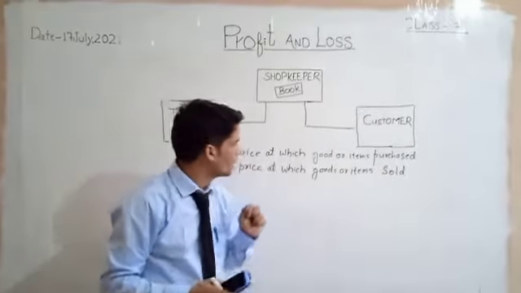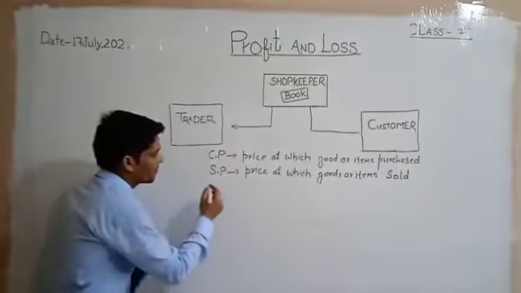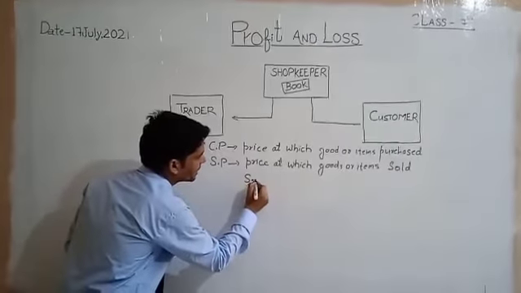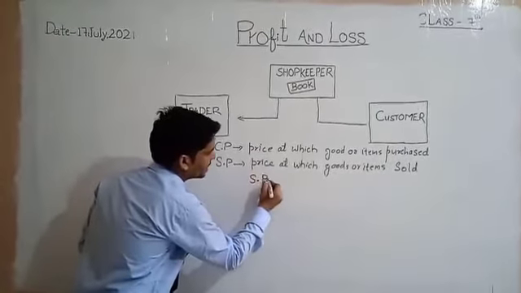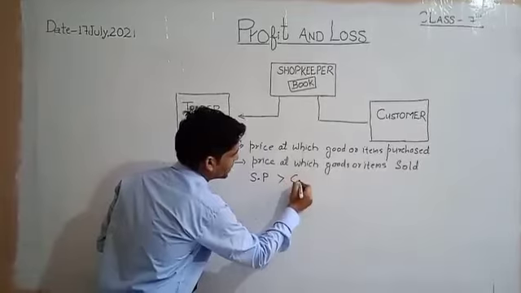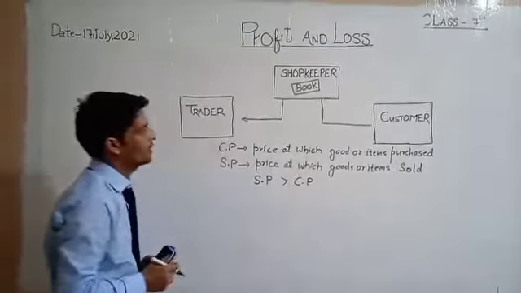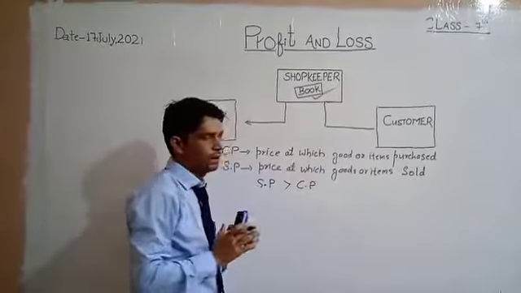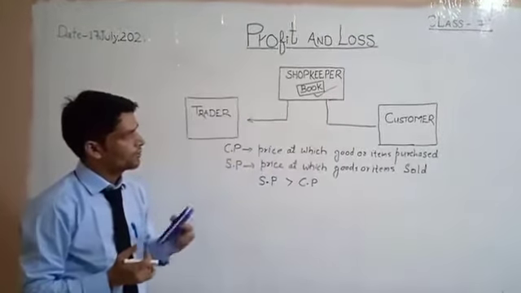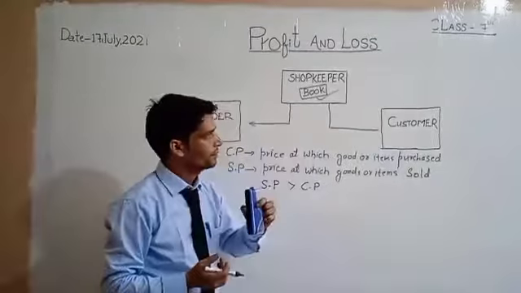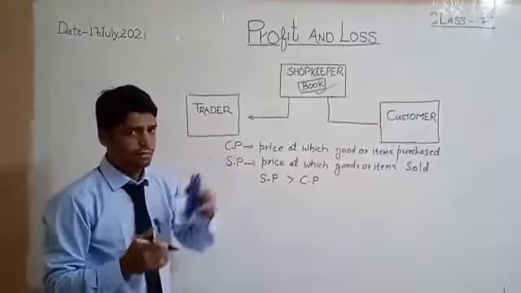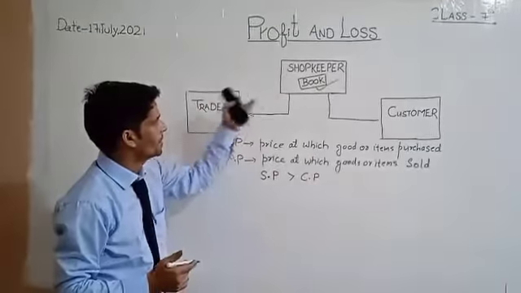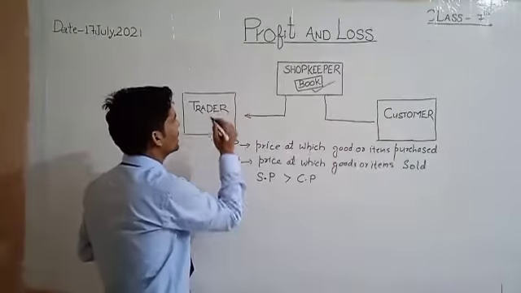If your selling price is greater than cost price, how do you know? Take a simple example of a book. The shopkeeper purchased the book from the trader.